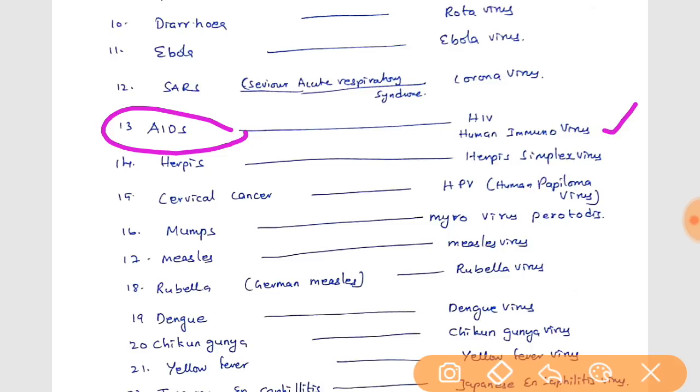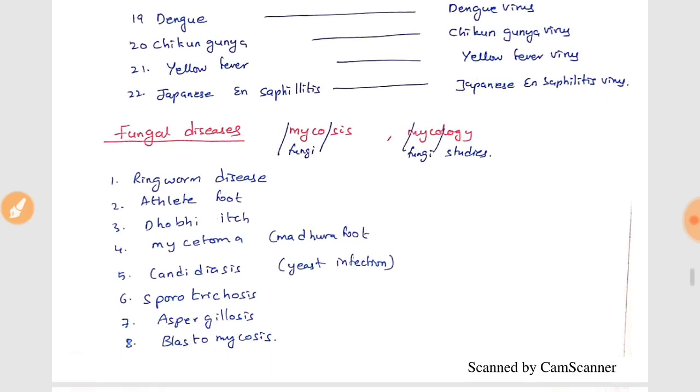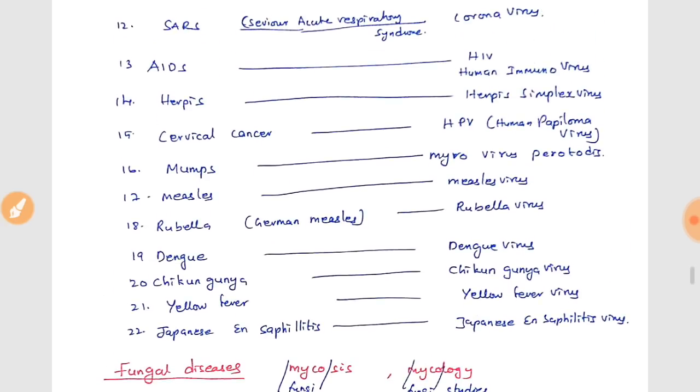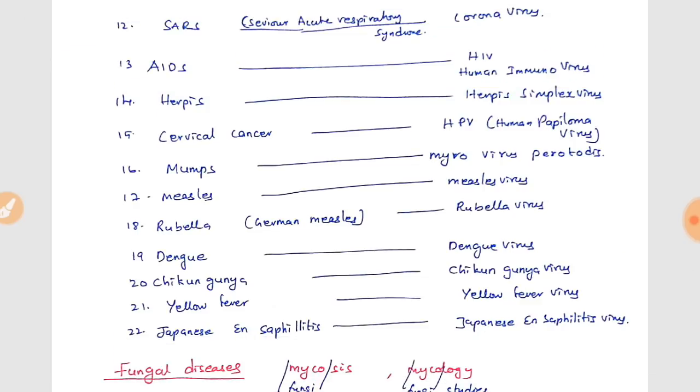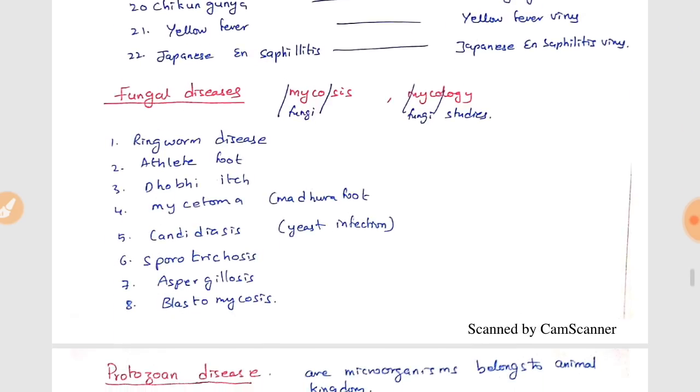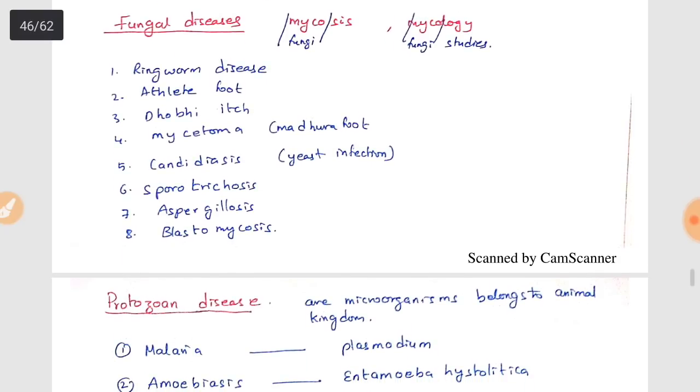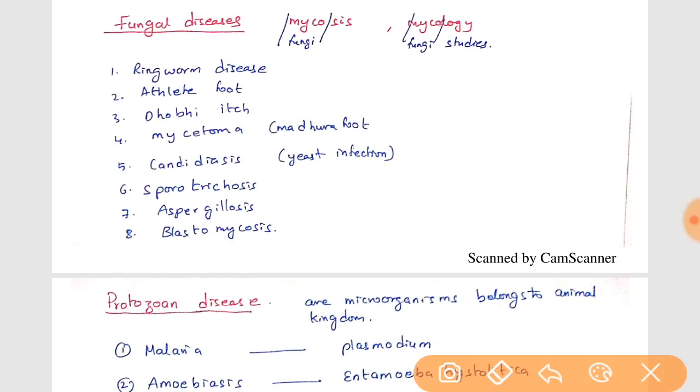Is it a chromosomal disease or a genetic disorder? No, this is a virus causing disease, friends, that you have to remember. Okay, friends, this you can study. Dengue is caused by dengue virus, rubella is caused by rubella virus, measles is caused by measles virus. So this differentiation is given so that you can easily answer in the exam.